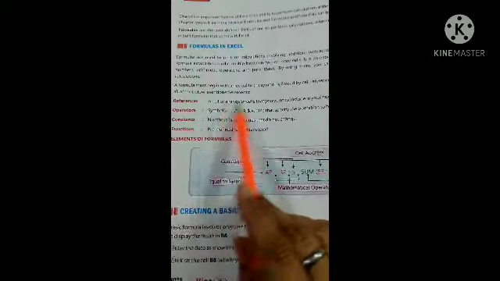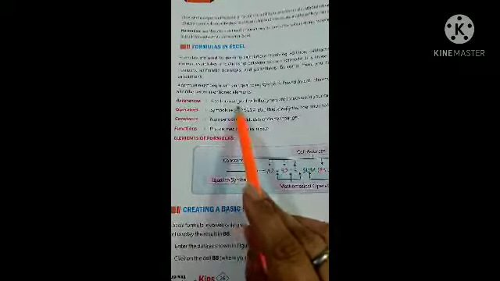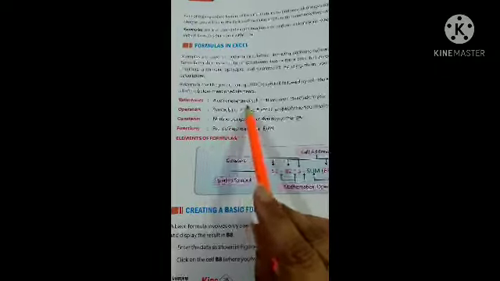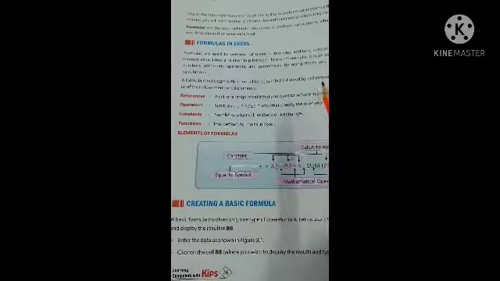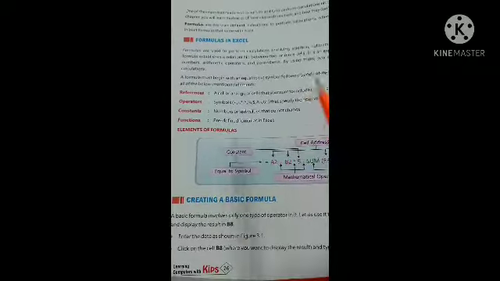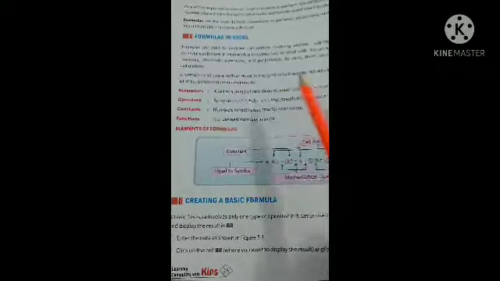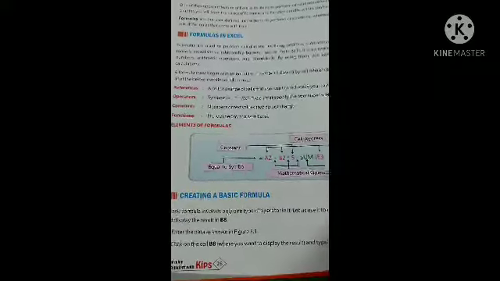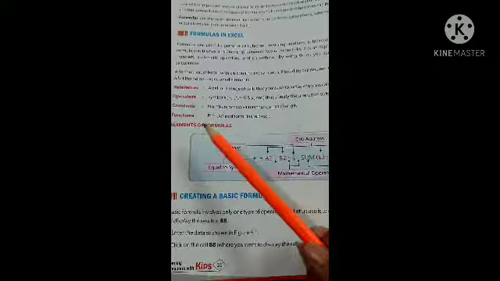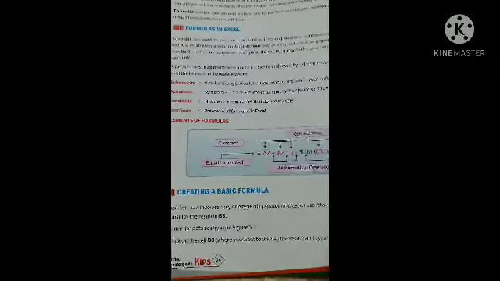When you write a formula, first of all you have to write the equal sign. Then you write the numbers, symbols, etc., followed by the cell reference and operators. It may contain a few or all of the mentioned elements.